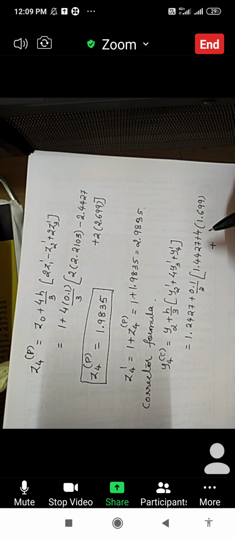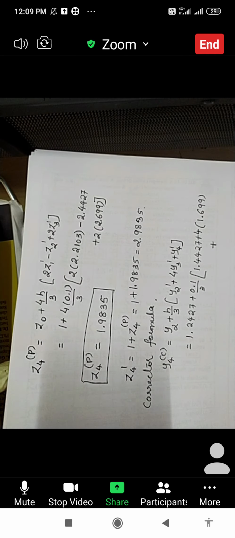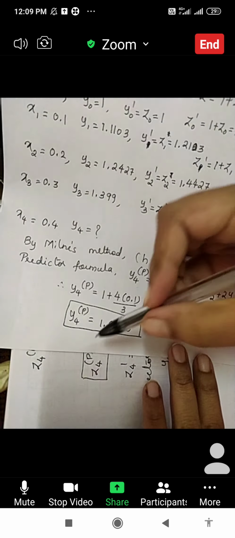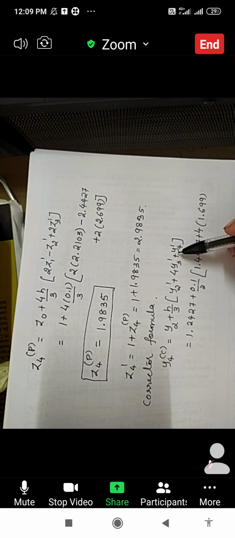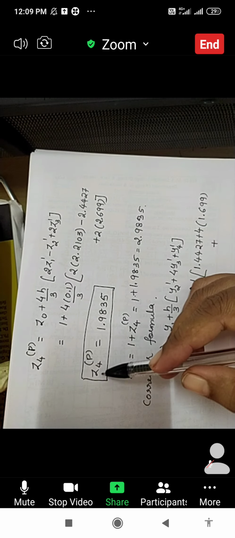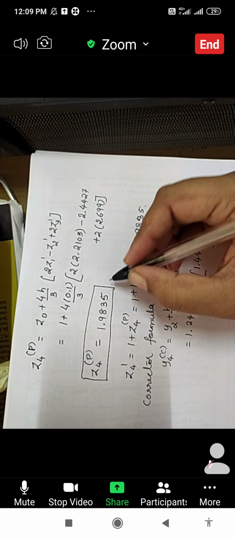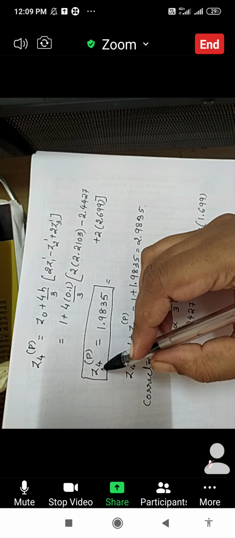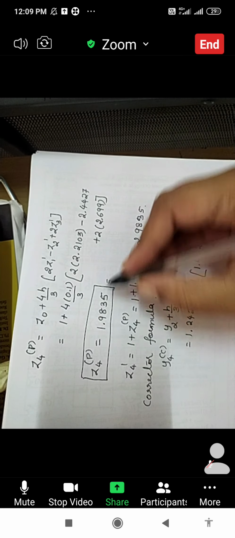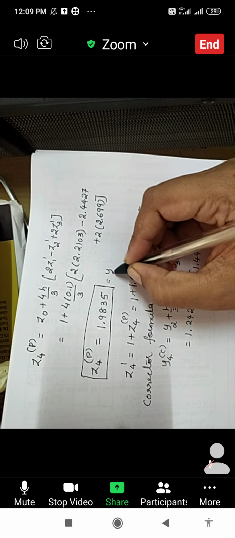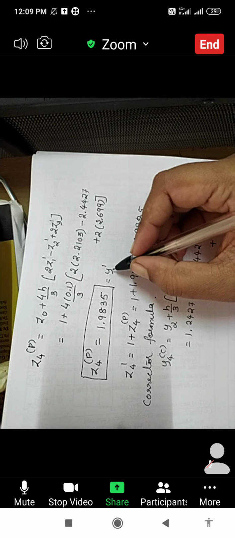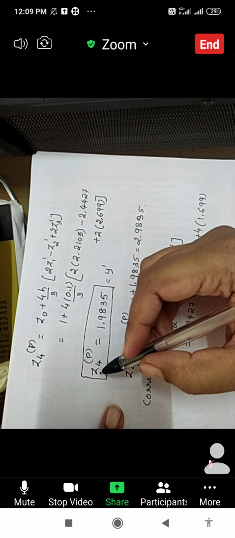Very good. See, this value we have got is Y4, and we have to substitute for Y4 dash. Y4 dash is Z4P. Why? Because what is the relation between Y and Z? Z is Y dash.